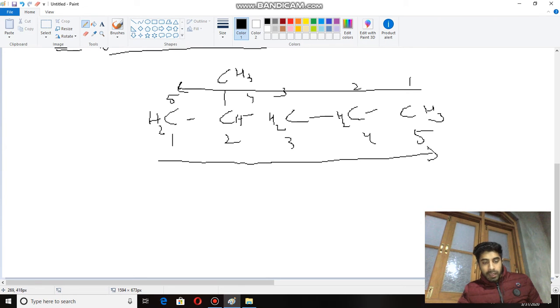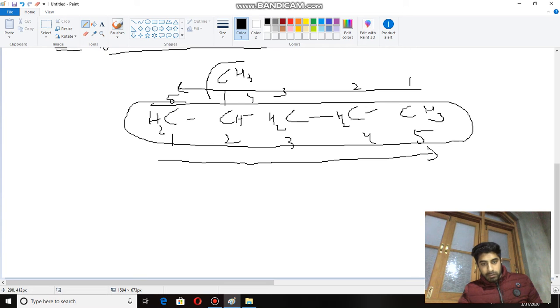See, I have identified my parent chain this, and this part here is considered as branch. So according to the IUPAC rules, this branch should get the minimum possible number.